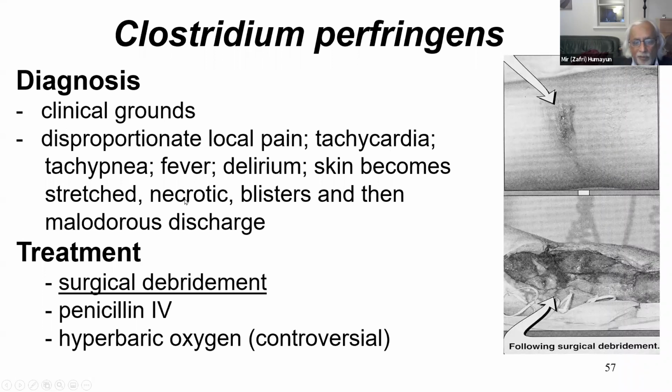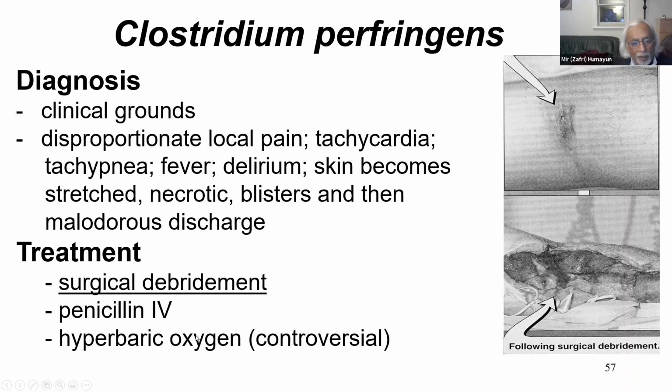The skin becomes stretched and necrotic, blisters are seen, and then there's black pigmentation and malodorous discharge. The treatment is almost invariably surgical debridement, shown in the diagram. That is, you scrape off the tissues that are infected.